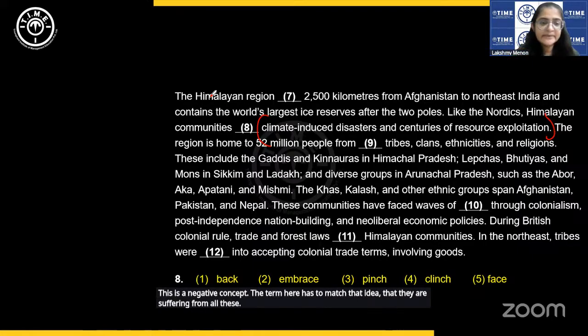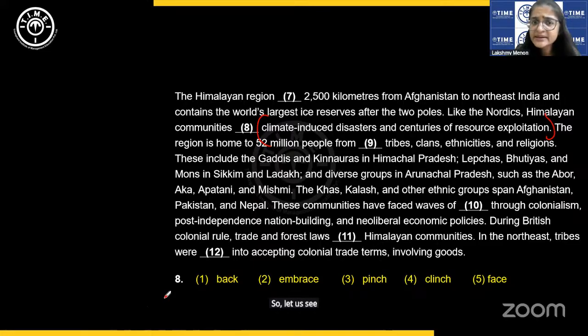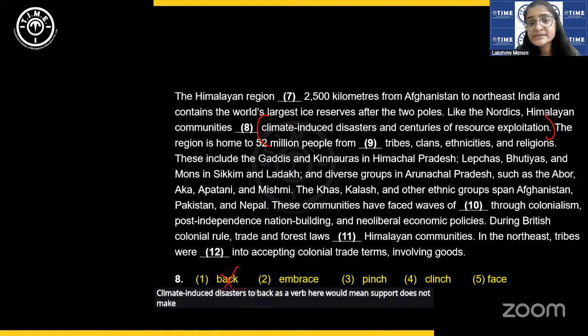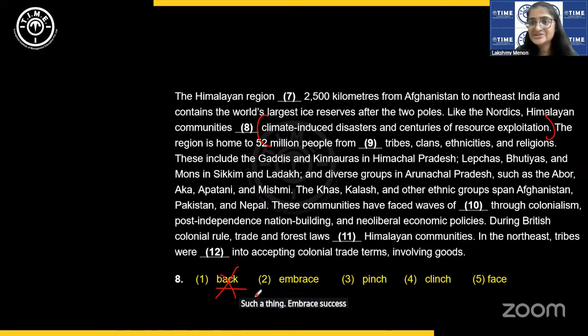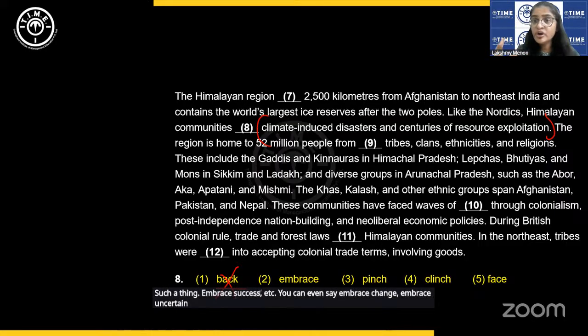So, let us say back climate-induced disasters. To back as a verb here would mean support, does not make sense. Embrace climate-induced disasters. Embrace is for a positive thing. Embrace success, etc. You can even say embrace change, embrace uncertainty, but not even a neutral term can go with embrace, but not a heavily loaded negative term like disaster, right?